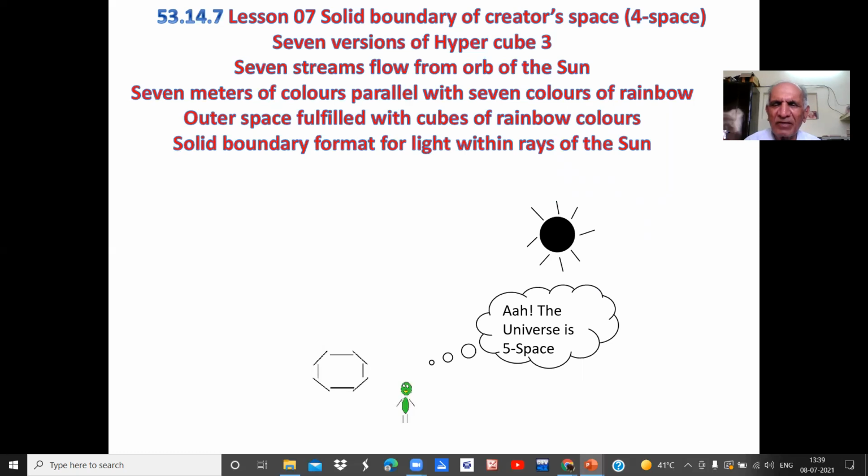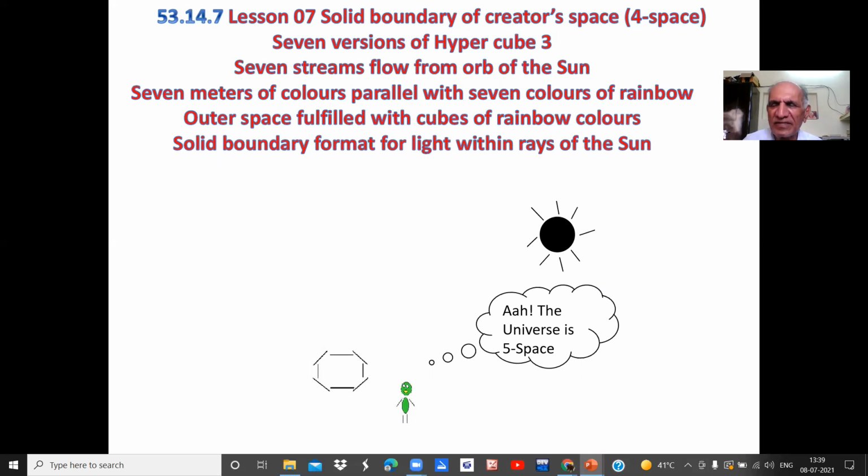One shall sit comfortably and permit the transcending mind to be parallel with the existence phenomenon of our space as fifth element, as 5-dimensional space. 5-dimensional space is fulfilled with light from orb of the sun, as rainbow, as 7 colors, as 7 streams, as 7 versions of cube, as cube fulfilled with light, sama, so it is set up of light cubes.